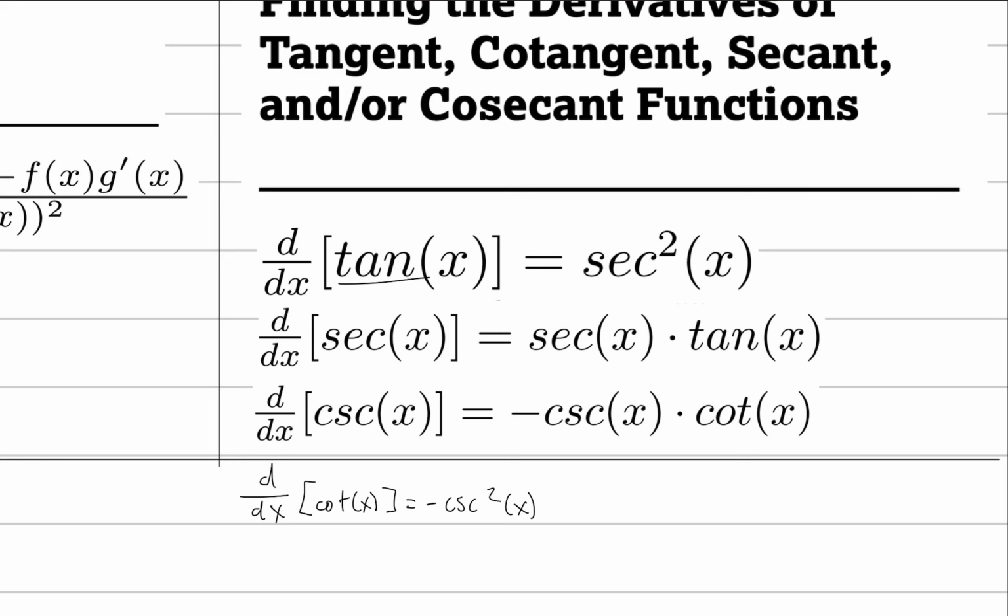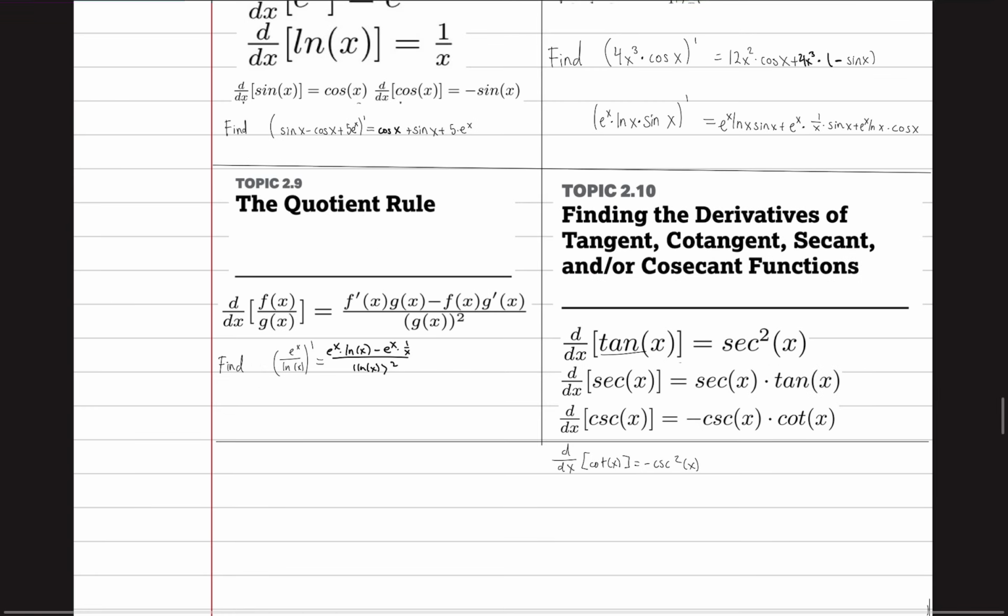So the derivative of tangent is secant squared, but the derivative of cotangent is going to be negative cosecant squared, right? It's going to be negative. The derivative of secant is just secant times tangent, but the derivative of cosecant, right? Because we have a negative cosecant times cotangent. These are all just ways to remember it, but however it works for you, learn it.